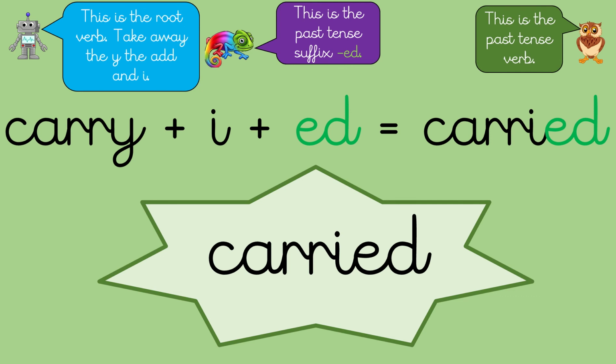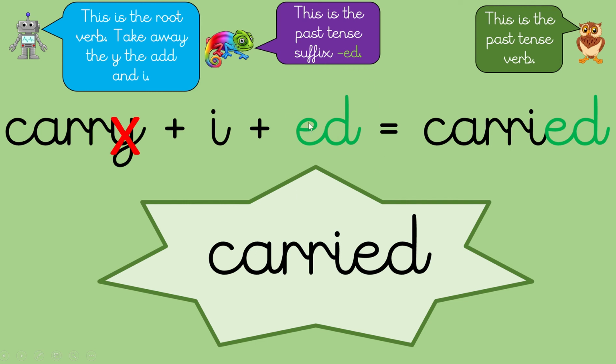This is the root verb, take away the Y and add the I. Right, what's the root verb, guys? Brilliant. Carry. Okay, so we've got to take away the Y. Super job. Now we've got to add the I. And then, what does Kathy say? This is the past tense suffix ed.